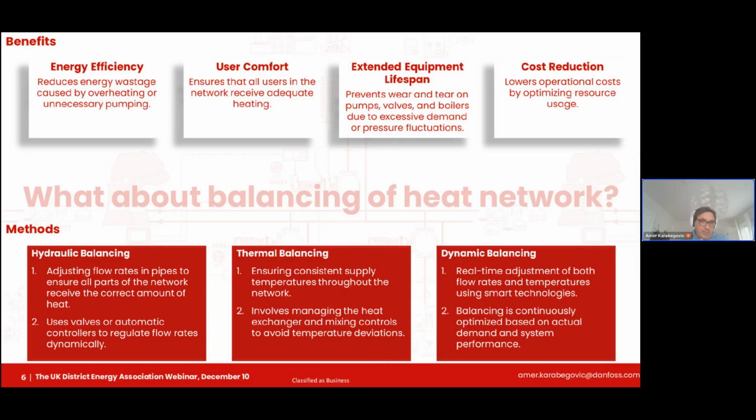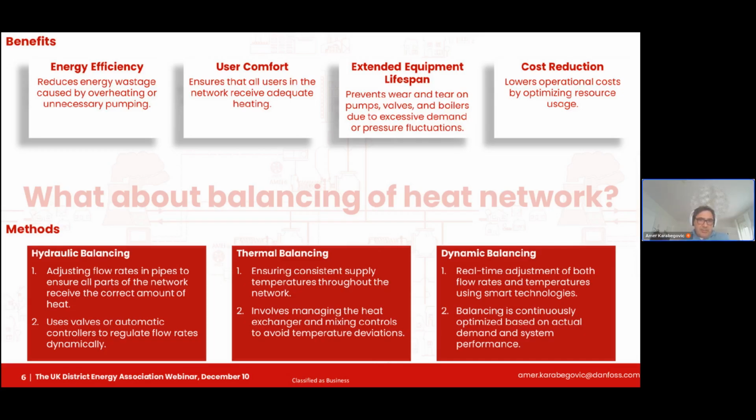What about methods? We have 3 basic methods for balancing of the heat network: hydraulic balancing, thermal balancing, and dynamic balancing. Hydraulic balancing is adjusting flow rates in the pipes to ensure that all parts of the network receive the correct amount of heat. For this method, we use valves or automatic controllers in the substations on the network to regulate flow rates dynamically.